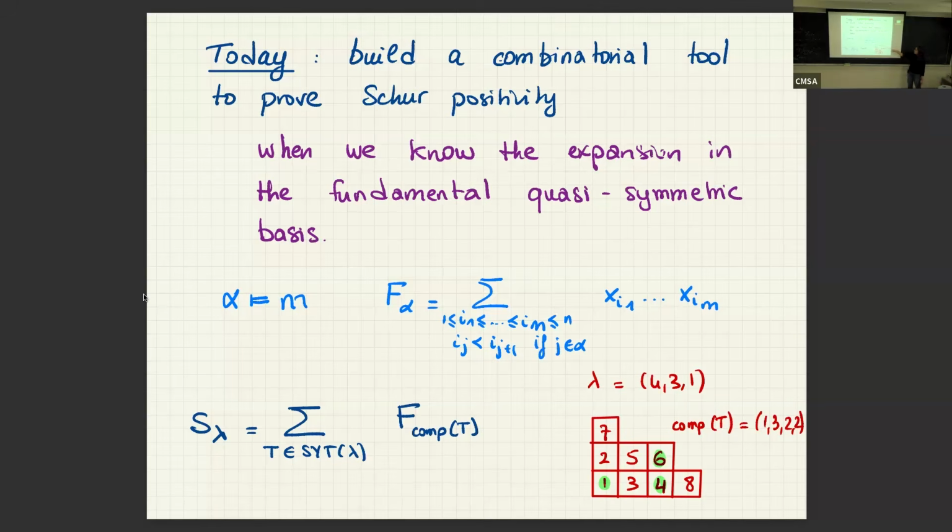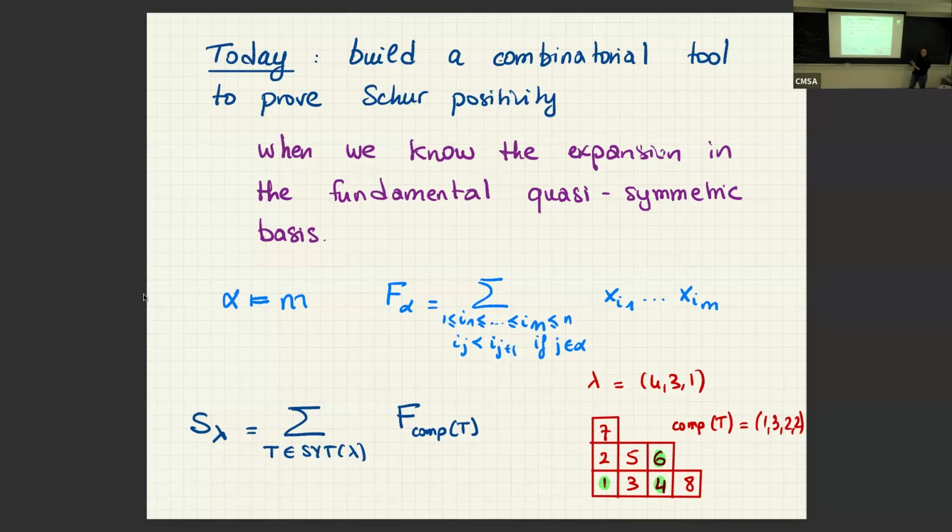Okay, and the composition that corresponds to this subset. Okay, so I put 1, and then 4 minus 1, 3, 6 minus 4, 2, and 8 minus 6. So I can associate to each tableau a composition that corresponds to what we call the descent. Oh, I'm not sure how to say that in English.